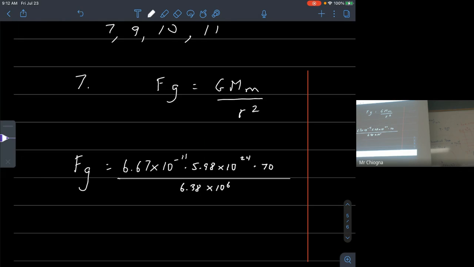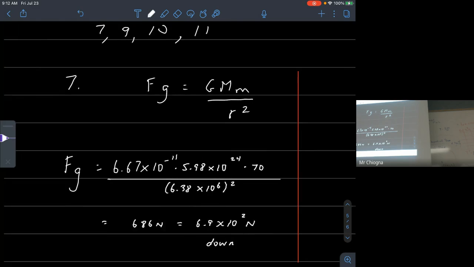Oh wait, no, it's because it's been attracted. Yeah, and we know it's down. I'm more interested in the magnitude with this section here, but it is. FG is always down.